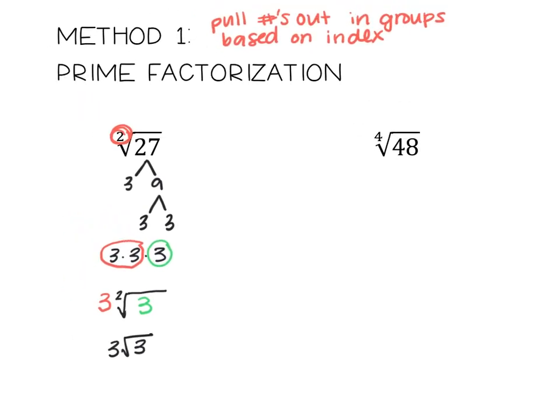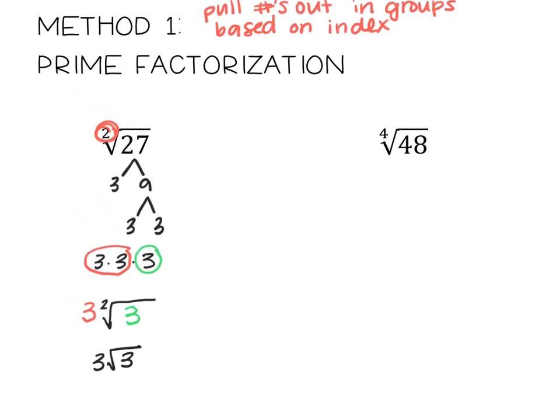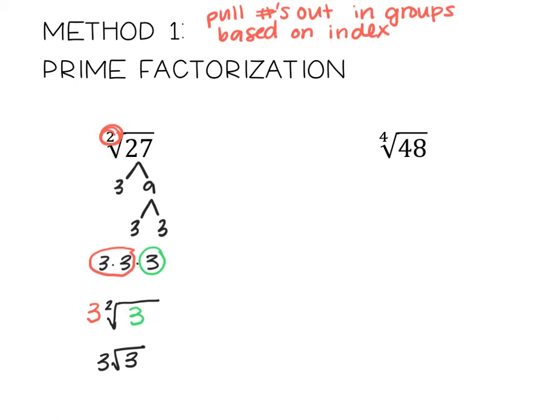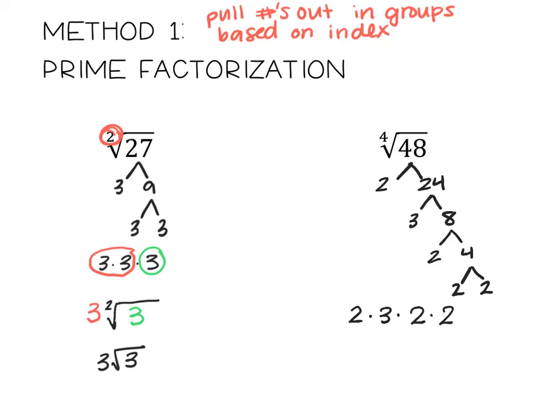Now let's look at the fourth root of 48. So 2 and 24, 3 and 8, 2 and 4, 2 and 2. So that's 2 times 3 times 2 times 2 times 2.